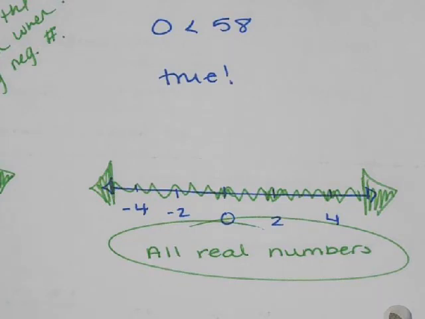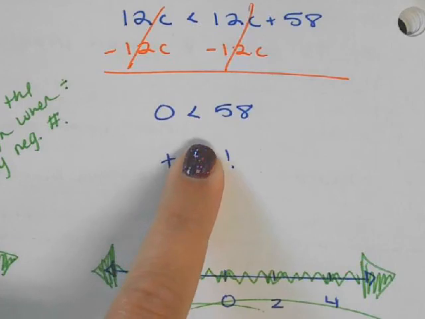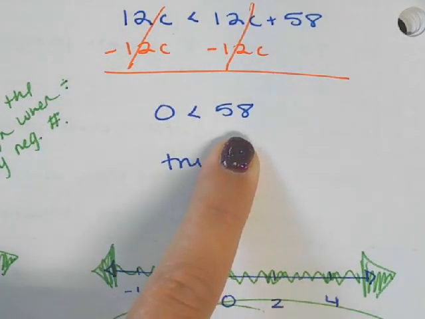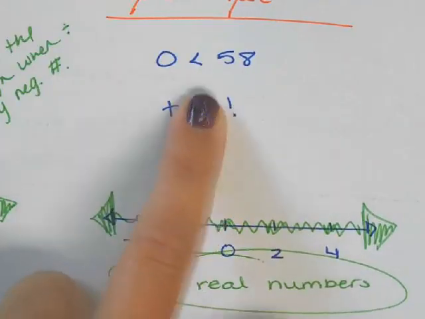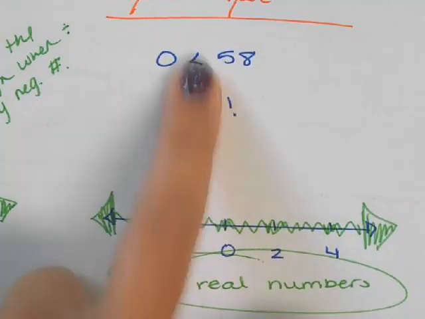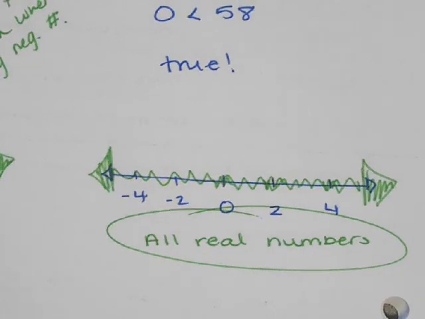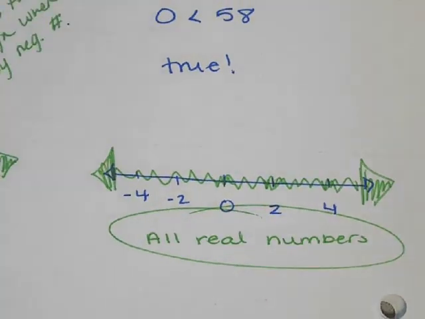If we simplify it though, and we got something like 0 is greater than 58, that means anything we plug in, we're going to get a false statement, and it won't be a solution. So if that was a false statement, then we wouldn't shade anything, and what would we say the solution would be? No solution. So that's what this space down here is for.